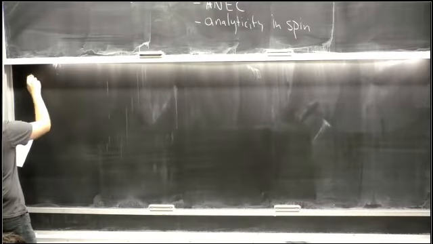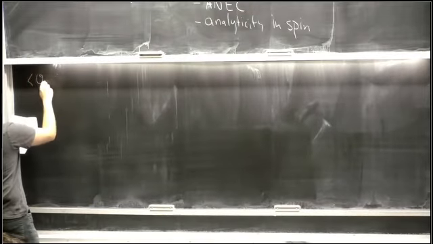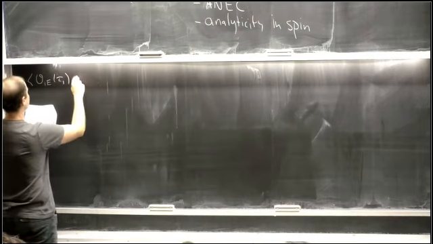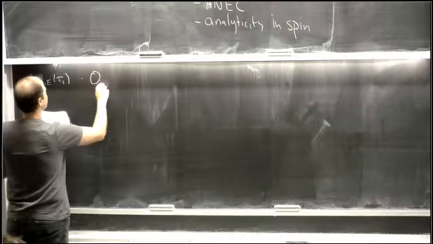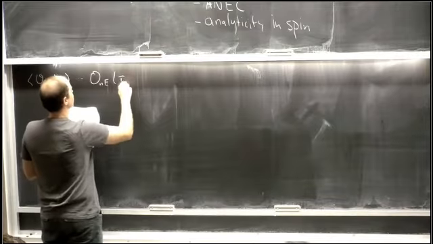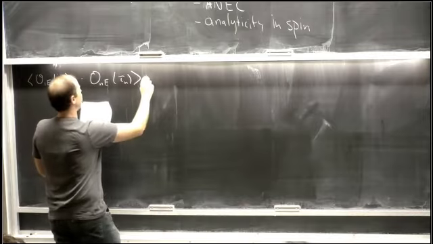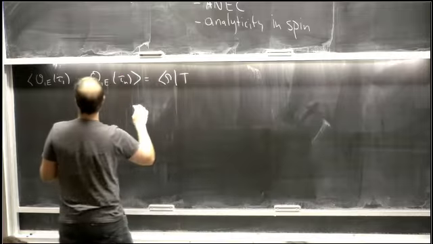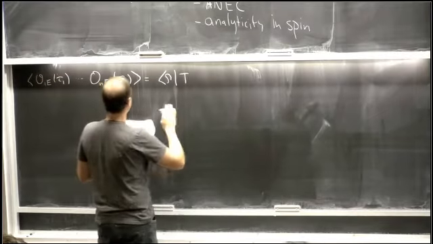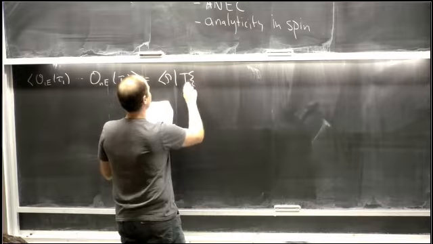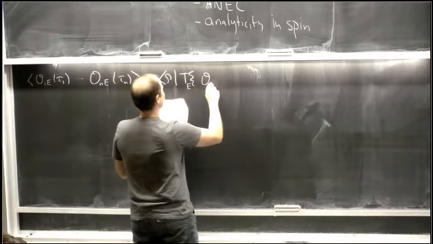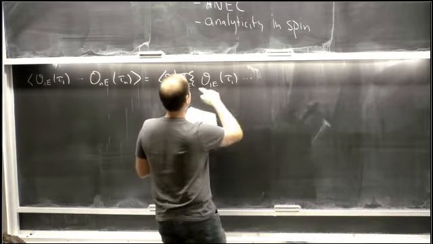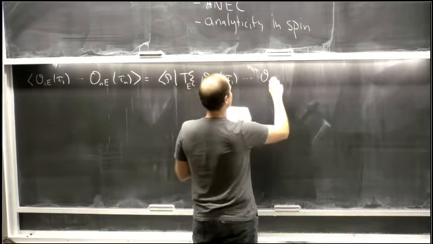So for this reason, when people write Euclidean correlators, they usually don't even bother to say that it's time ordered. The Euclidean correlators are defined to include time ordering, and let me just write what time ordering means. So the correlator without any decoration means a time-ordered correlator, and it's a Euclidean time-ordered correlator. And so this TE means Euclidean time ordering.